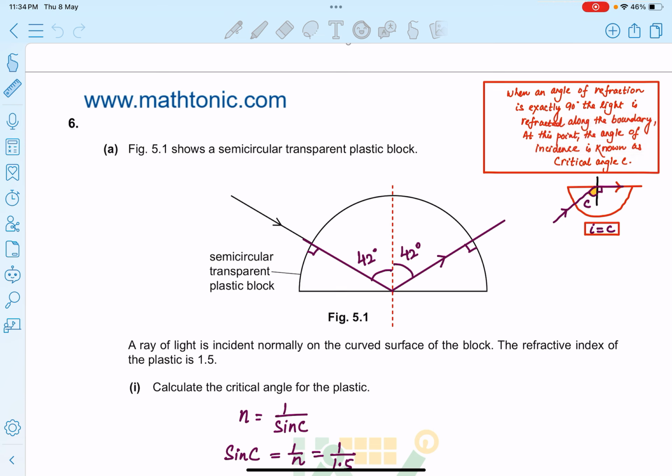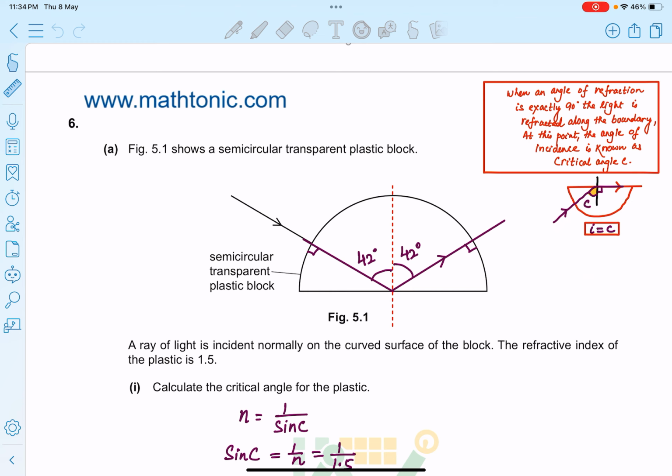At that point, the angle of incidence is known as the critical angle. You can see here, this is called the angle of incidence and this is the angle of refraction. If it is 90 degrees with the normal, the incident angle becomes the critical angle.